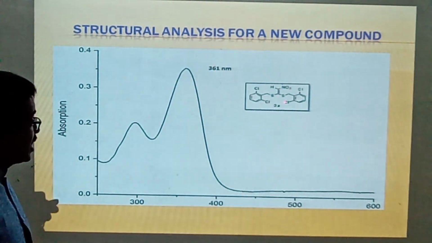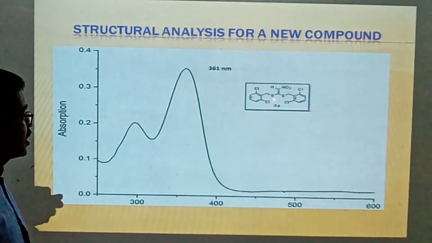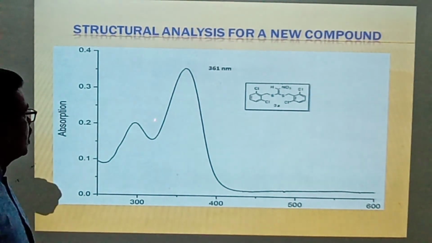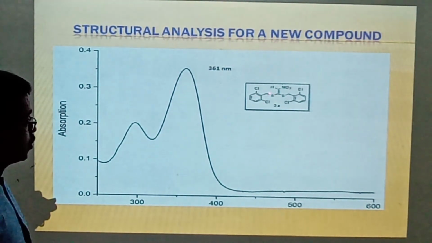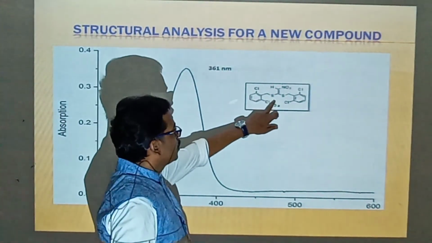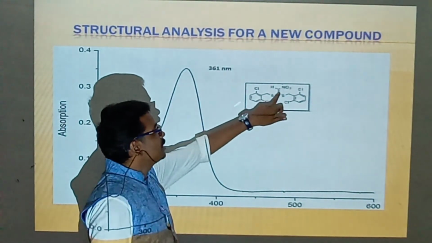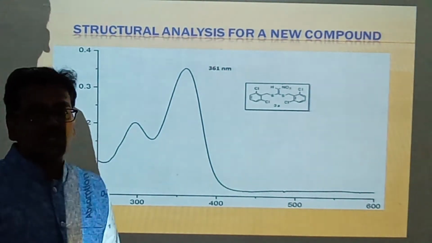And the other is a nitro group. This was synthesized in the laboratory, and if we record the UV spectrum for this compound, it gives 2 lambda max peak values. One is for the lone pair of electrons present on the sulfur, which is involved in resonance with the nitro group through extensive conjugation.